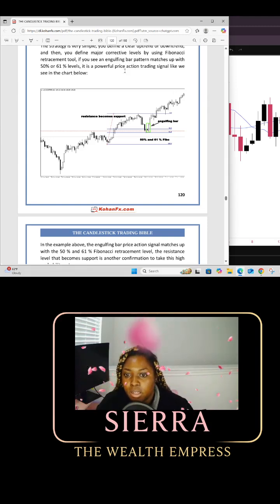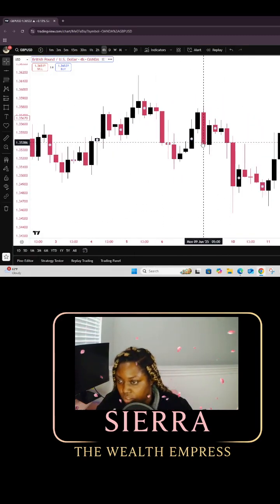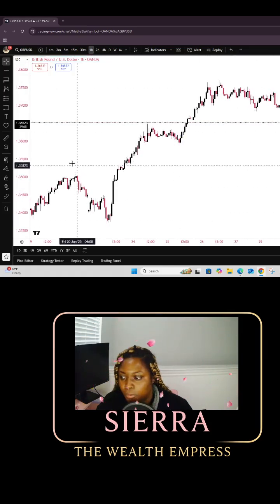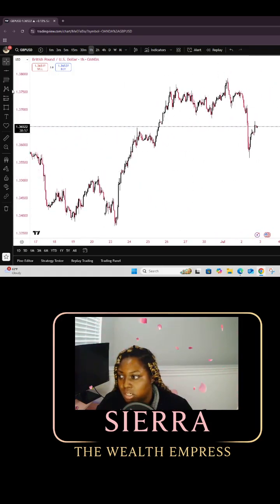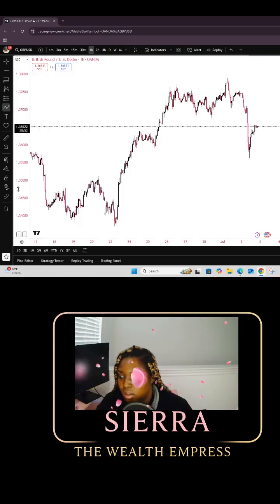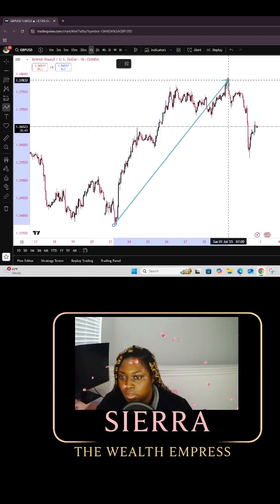So with GU, I can show y'all a fib because I currently just got into this GU trade off of the fib. So with the fib, it's impulse, correction, continuation. And so last week, we knew we had this big impulsive move, which didn't stop until here. So this was one full move.